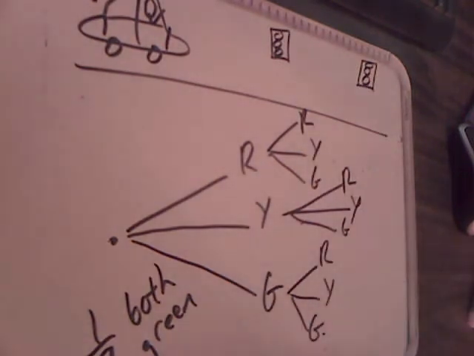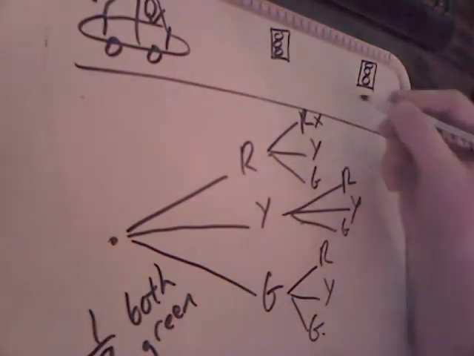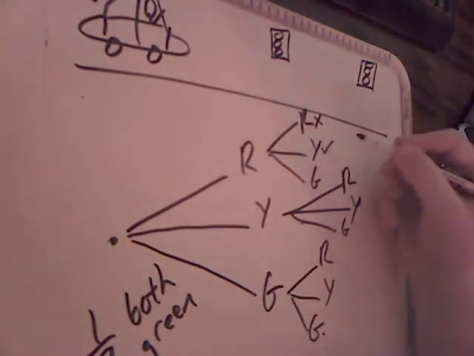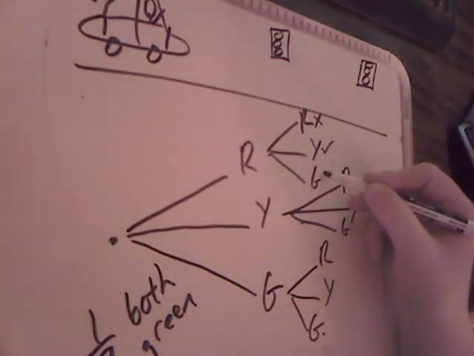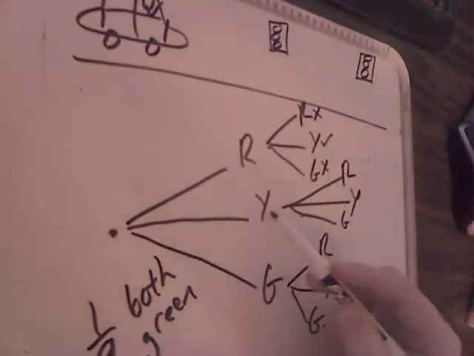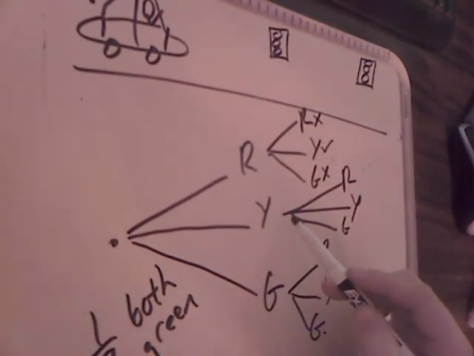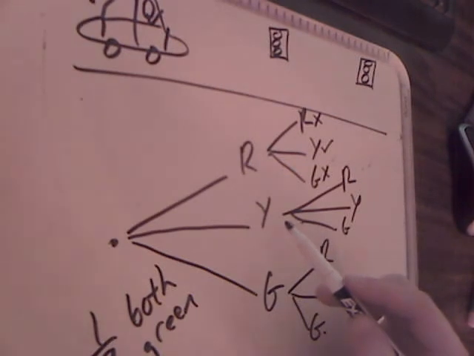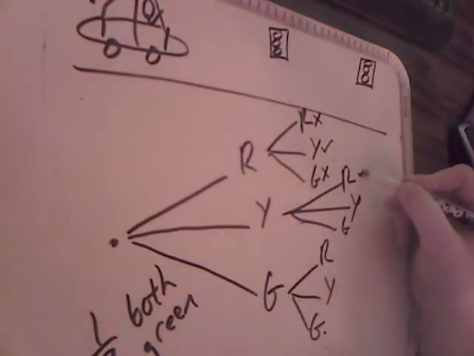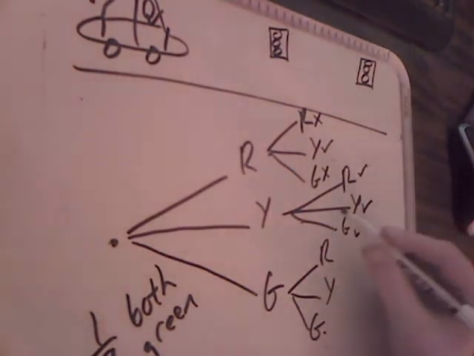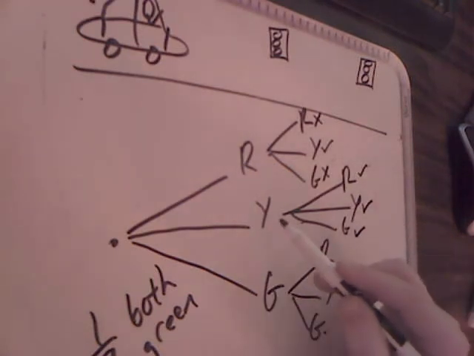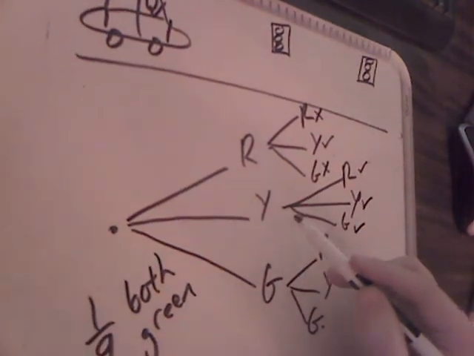Is this red? Is this yellow? Nope. Is this yellow? Yep. Is this yellow? Nope. Let's look at our second light. Is this a yellow light? Yes. And because the driver only wants to know about one yellow light, all of these count, because no matter what these options are, the first light was yellow, and that's all that matters.